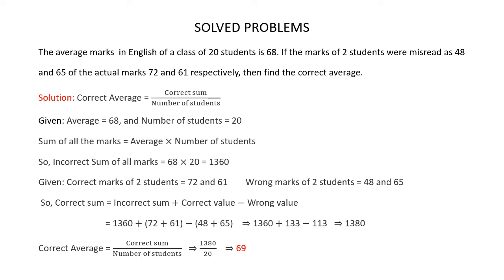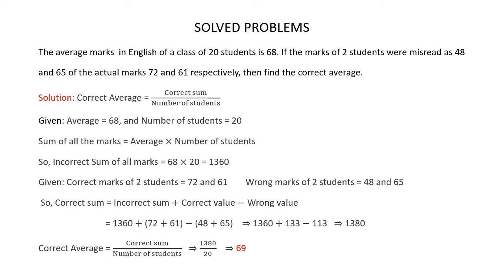So the correct sum is equal to 1360 plus (72 plus 61) minus (48 plus 65). This is nothing but 1360 plus 133 minus 113, which gives us 1380. So 1380 is the correct sum.